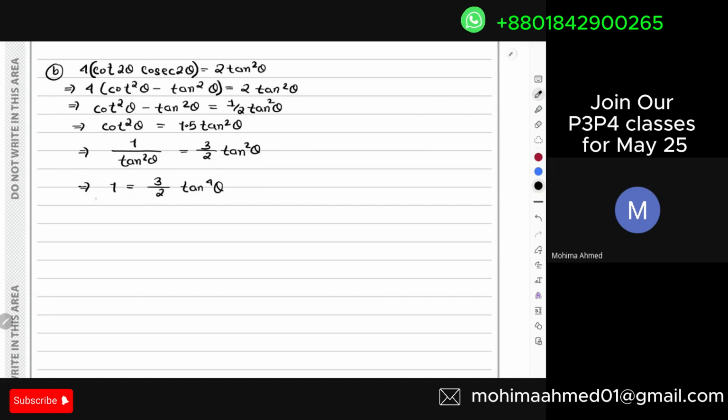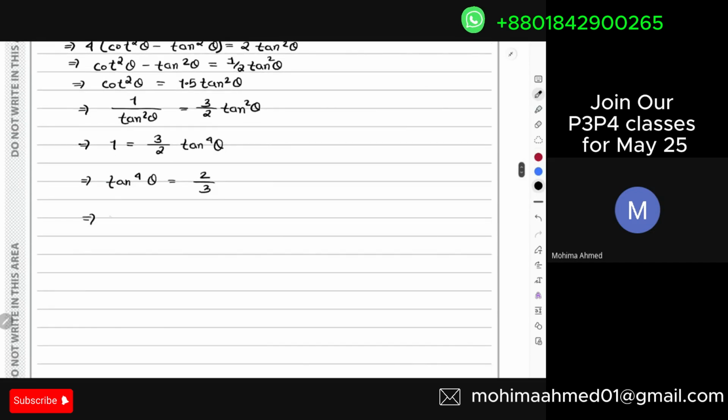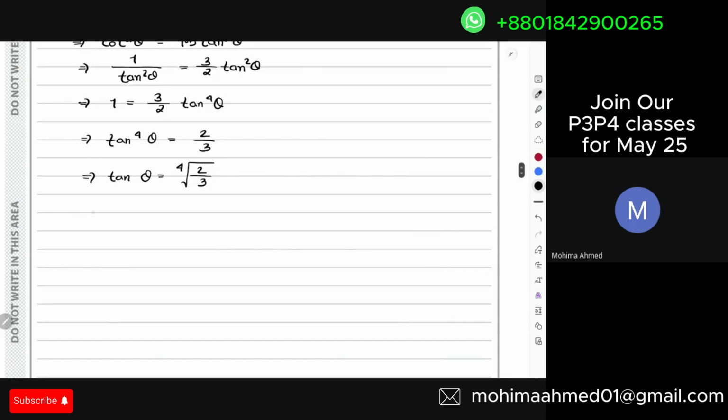Now if you take this fraction to the right hand side, you have tan power 4 theta equals 2 by 3. Then theta is tan inverse of the fourth root of 2 by 3, right? This is your calculated value.